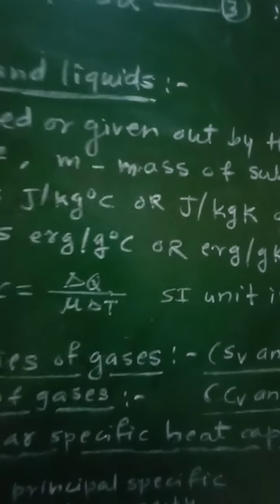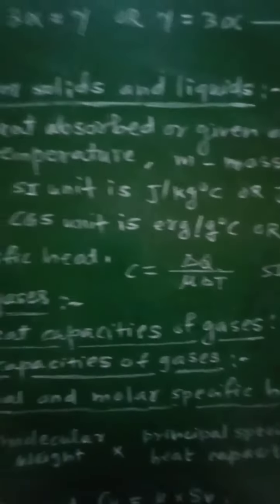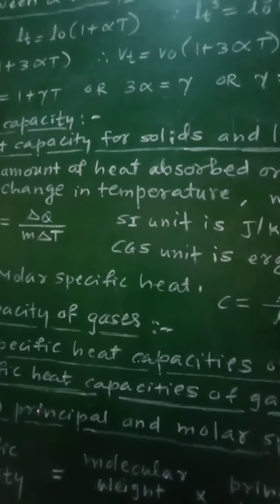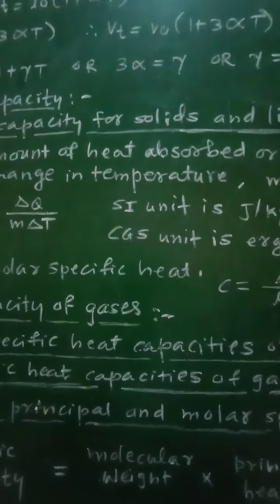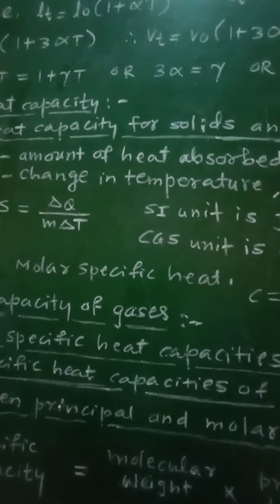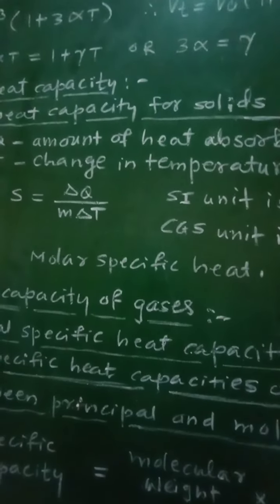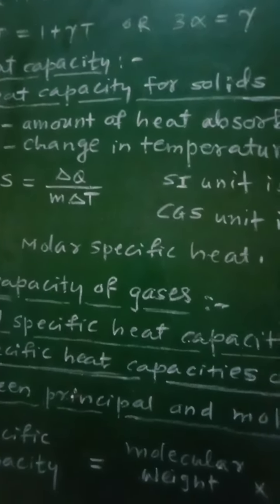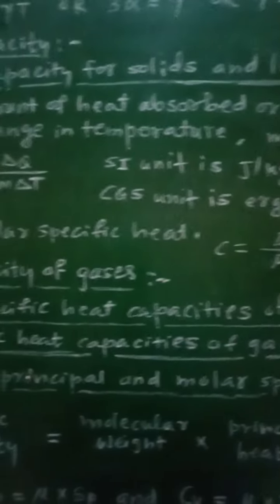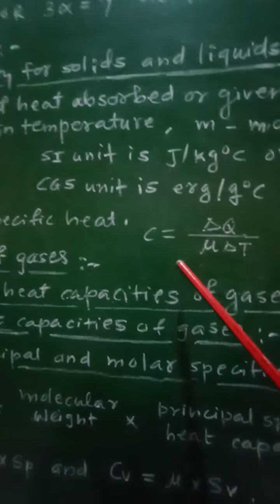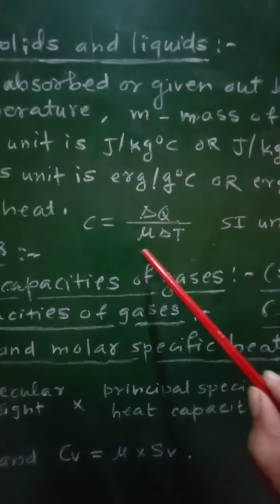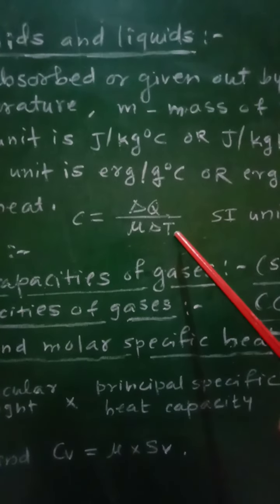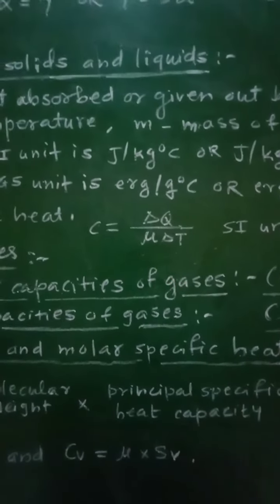In this case we have considered the mass of the substance to be m. Instead of that, if you consider the moles of the substance, then we can define the molar specific heat. If the substance is specified in terms of moles mu, then the molar specific heat will be given as C equal to delta Q upon mu into delta T, where mu represents the number of moles.